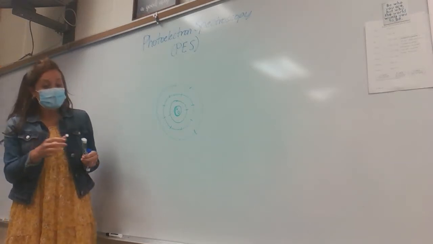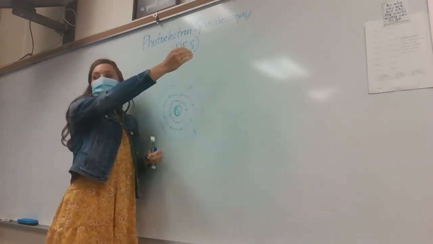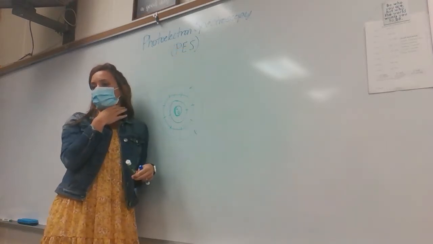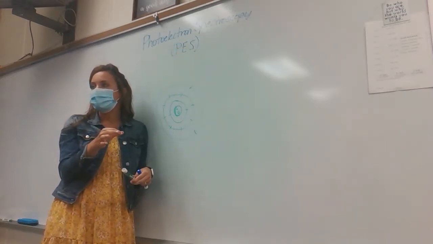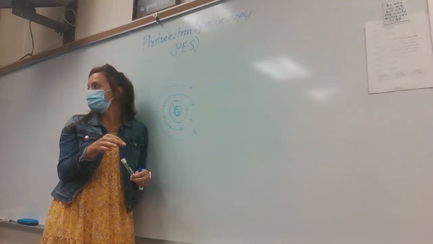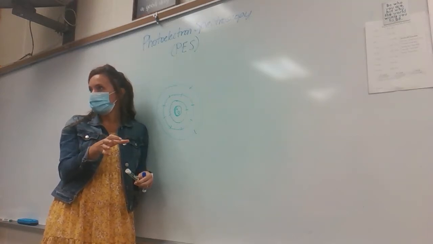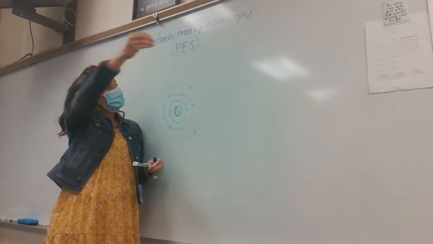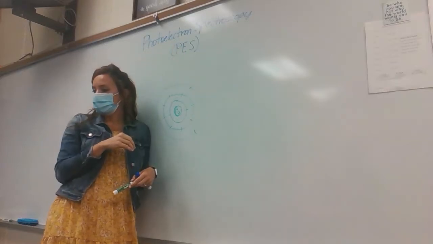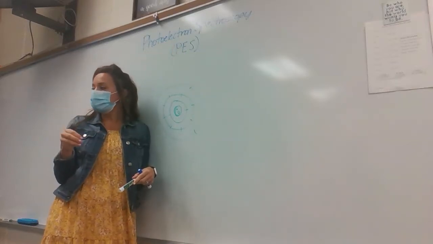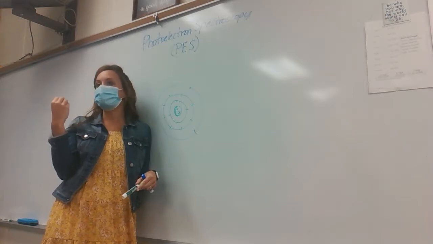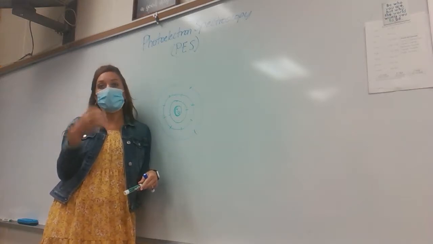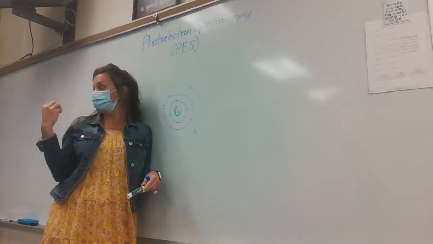And the way it does this is it hits each electron with high energy electromagnetic waves, like X-rays. So X-rays hit the atom, and if they have enough energy to remove the electron that they hit, it will come off. It will be removed.